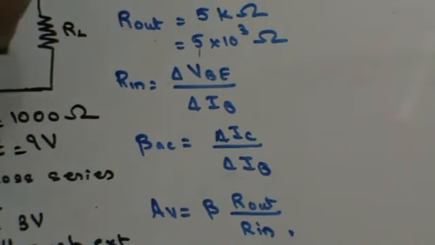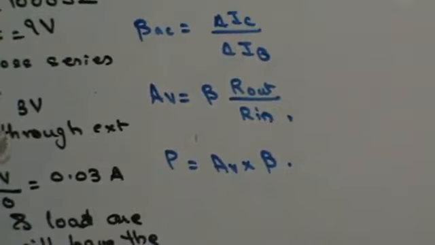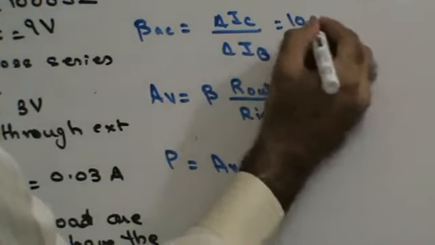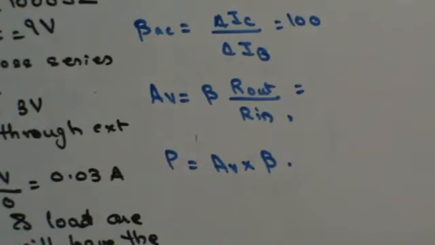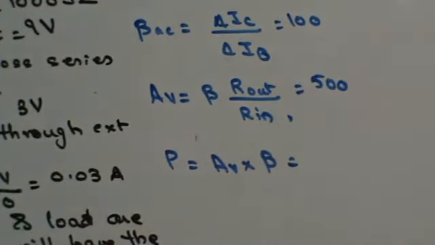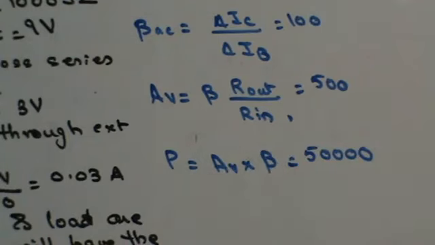Finally, power gain is nothing but voltage gain into amplification factor. Right? The answers that you should get: input resistance should be 1000 ohms. Amplification factor is 100. Voltage gain is 500 and power gain is 50,000. Fine. Next, take down the next one please.